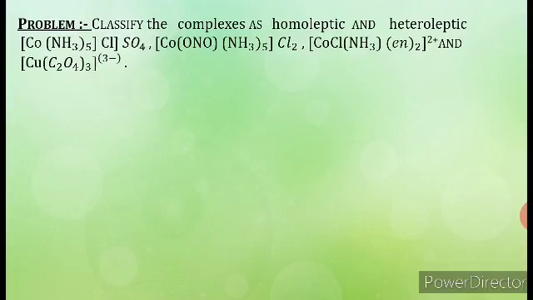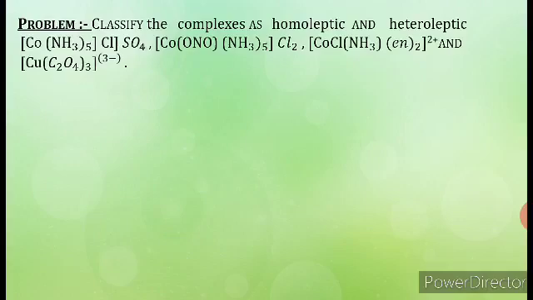I think this example is wrong. Copper is not showing +3 oxidation state. It should be cobalt. It is given in the book, so I took it as it is so that it will be rectified. This is a wrong example given in the textbook, and that's why I have written it as it is, so that you will come to know that this example is wrong.